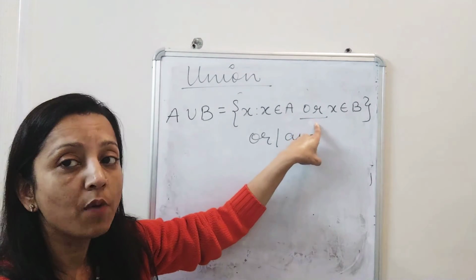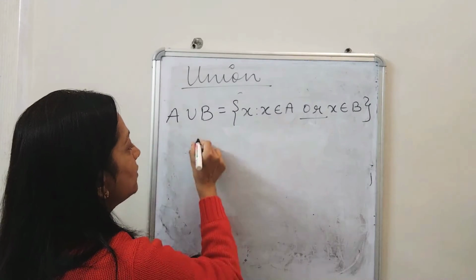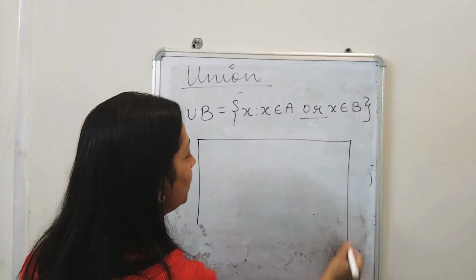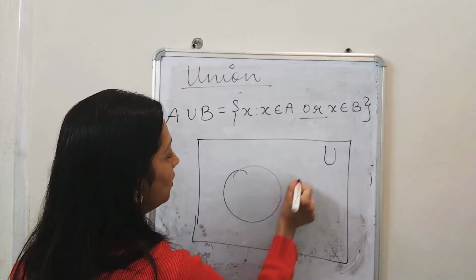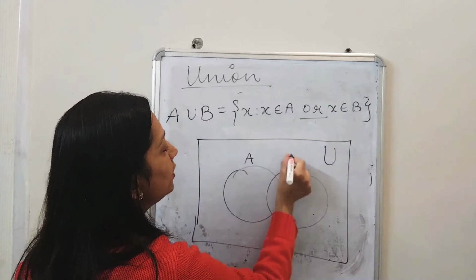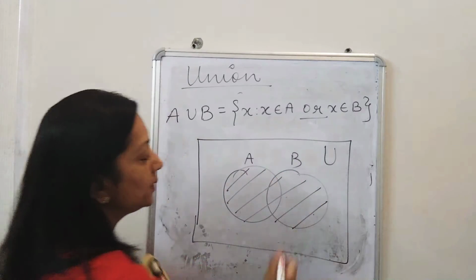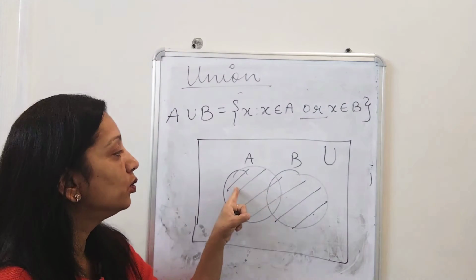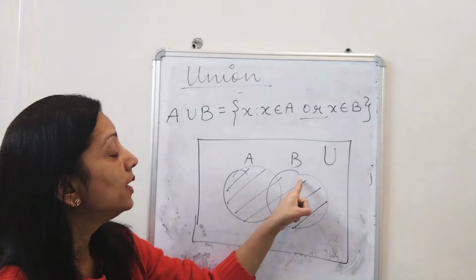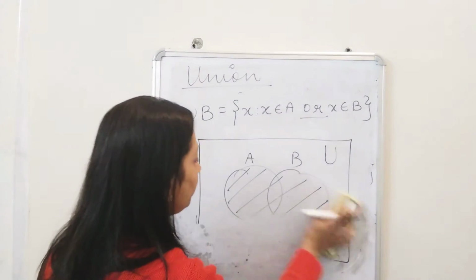But if there are no common elements, then I will say OR. In terms of Venn diagrams, how will you represent A union B? A union B will be like this. Now how will you shade A union B? This entire shaded area represents A union B because it includes the common elements, it includes all the elements present in A, and it includes all the elements present in B also.